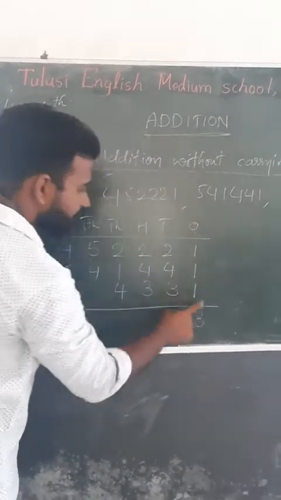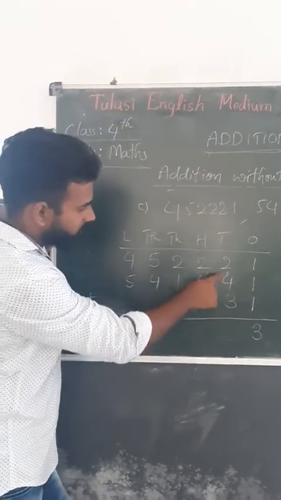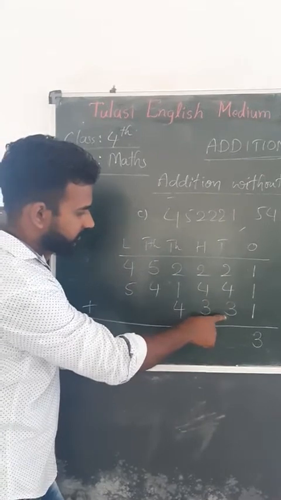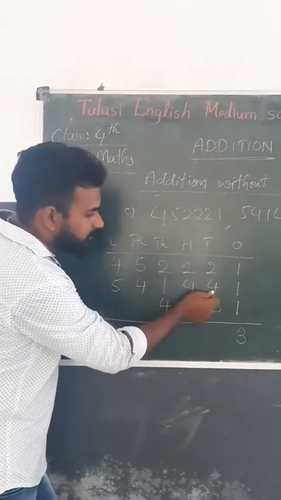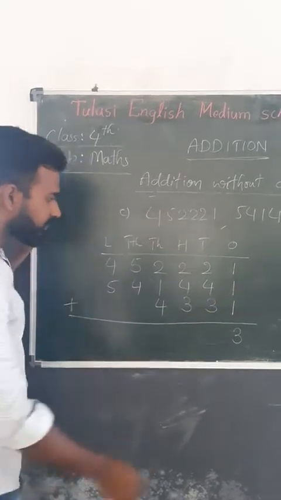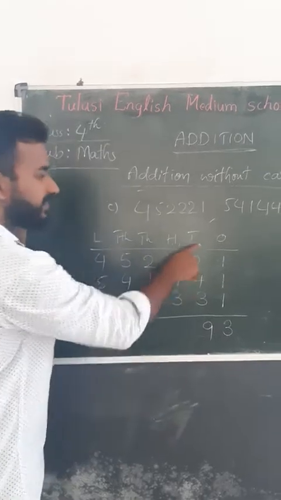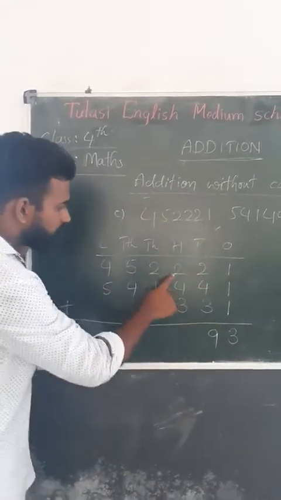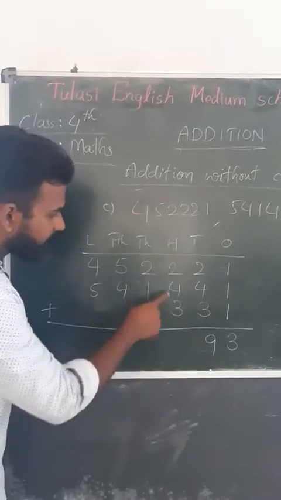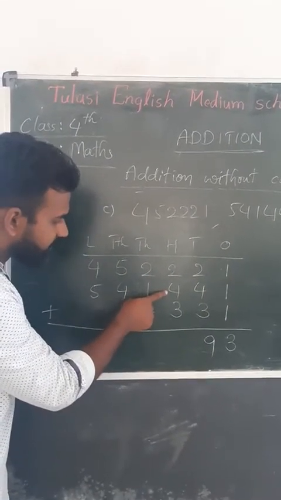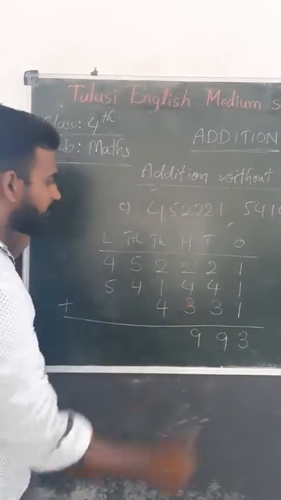3 ones. 2 tens plus 4 tens plus 3 tens. 2 plus 4 is 6, plus 3 is 9 tens. 2 hundreds, 4 hundreds, 3 hundreds. 2 plus 4 is 6, 6 plus 3 is 9 hundreds.